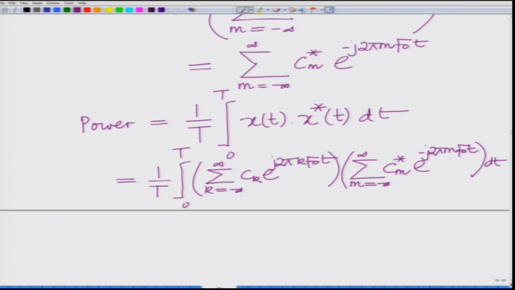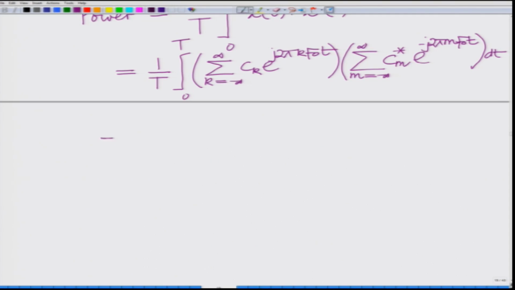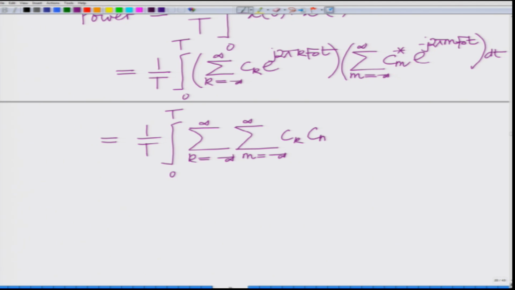Now, let us expand this product, remove the brackets and multiply these terms one by one, the sums in both the summations term by term, and what we are going to get is basically 1 over T integral 0 to T summation k equal to minus infinity to infinity summation m equal to minus infinity to infinity c k c m conjugate e to the power of j 2 pi k minus m f naught t dt.